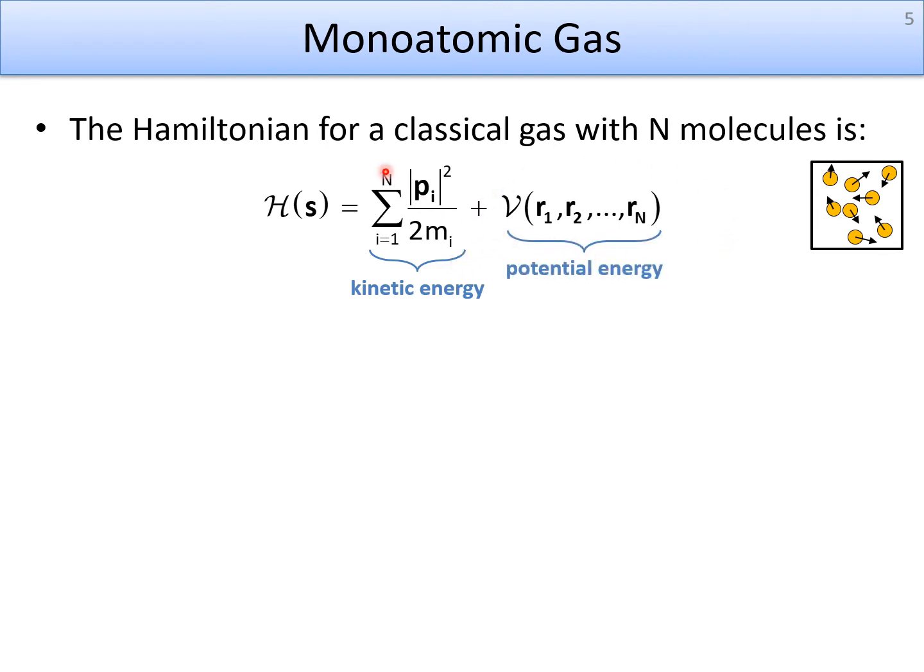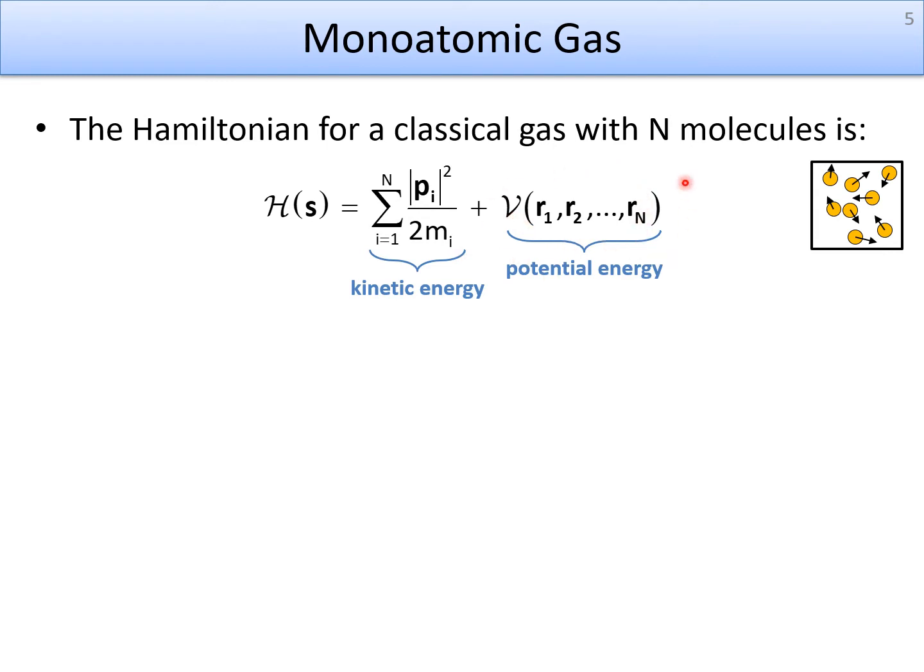So the kinetic energy term is simply a sum of the kinetic energies of all the particles. So the kinetic energy of one particle is 1/2 times the mass of the particle times velocity squared. Equivalently, this is equal to the norm of the momentum vector squared divided by 2 times the mass of that particle.